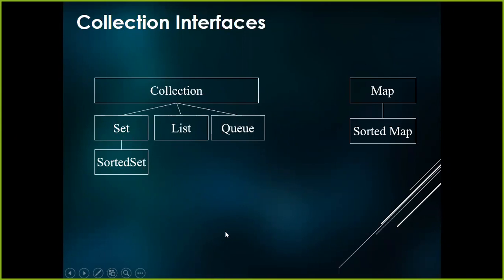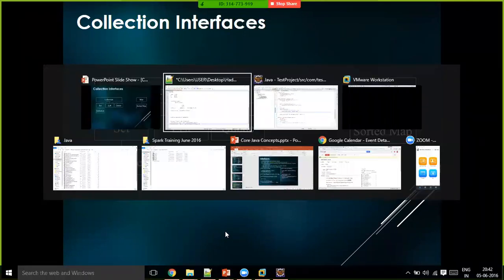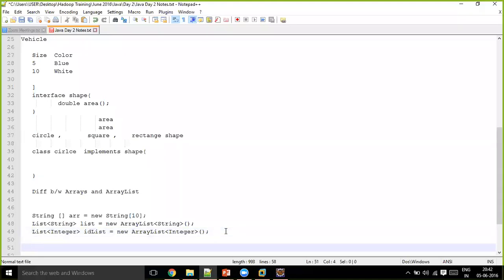So if you declare this as a set of string, names equals new HashSet. There are some implementations for these interfaces.